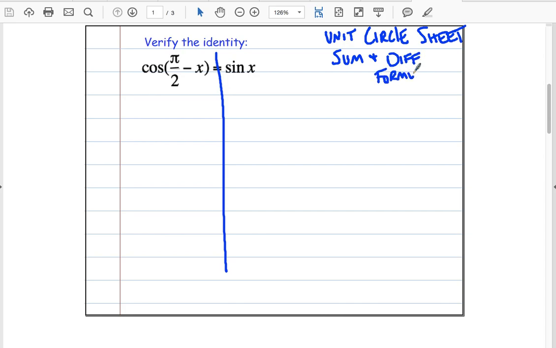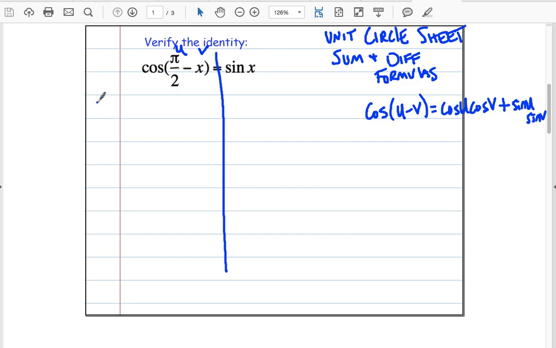Okay, so for this problem, I could call pi over 2 u, and I could call x v, and I would be looking for the formula for cosine u minus v. So if you look at that formula, it says we're going to do cosine u cosine v plus sine u sine v.